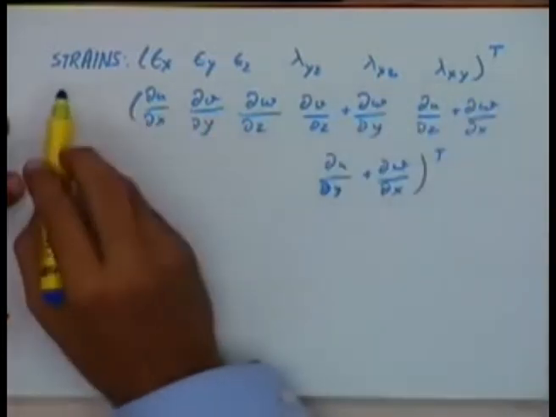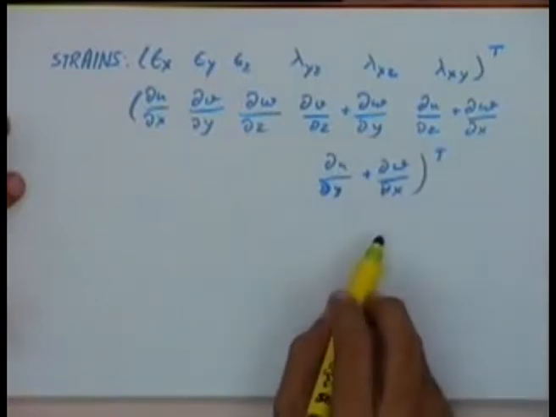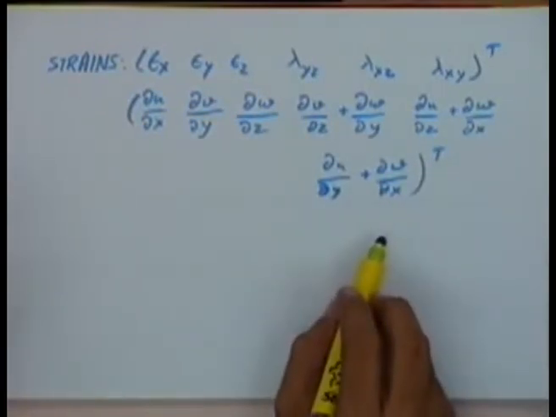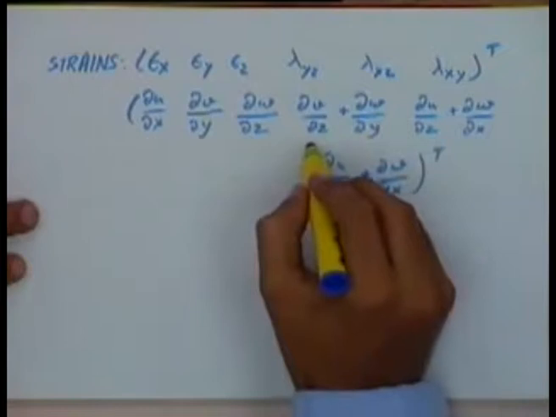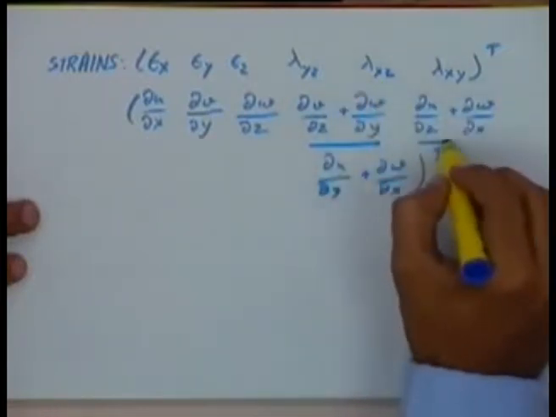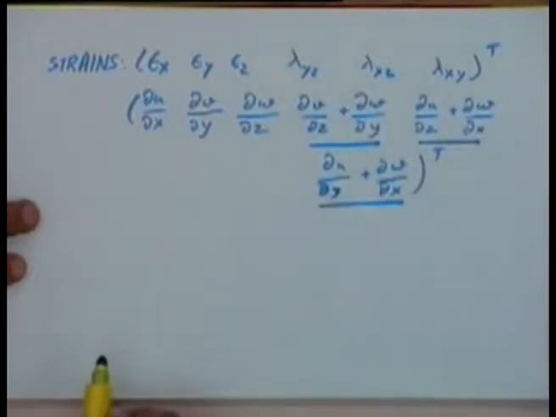So, the strains can also be represented using these partial derivatives.